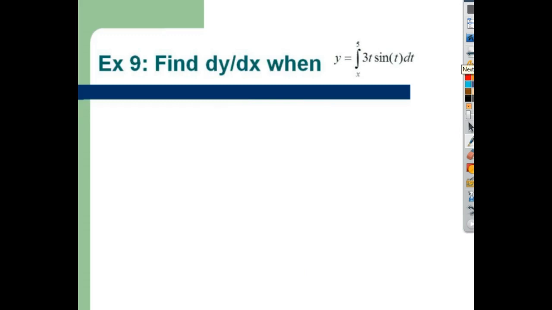What happens if the upper bound is a 5 and the lower bound is the x? Right, we want to flip it. The lower bound has to be the constant in order to be the number minus the constant. So we're going to make it negative the integral from 5 to x of 3t sine t dt.